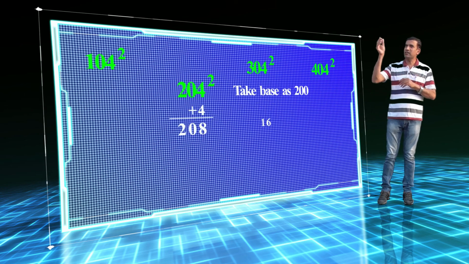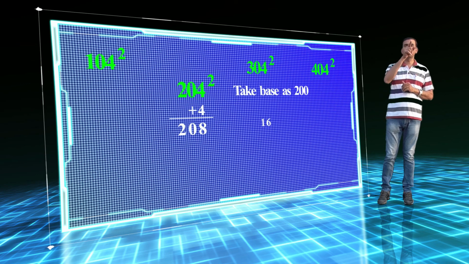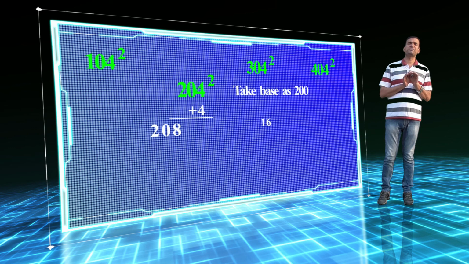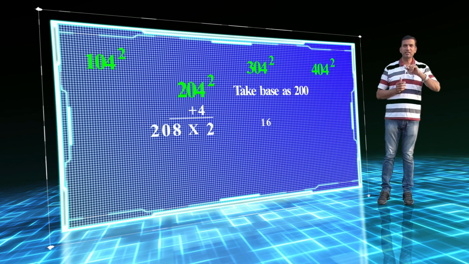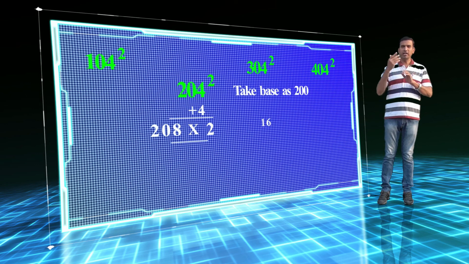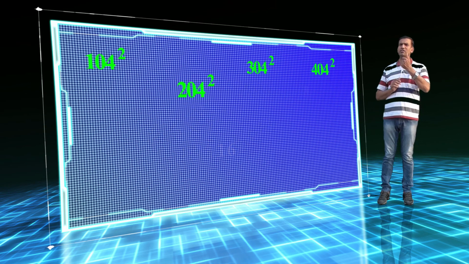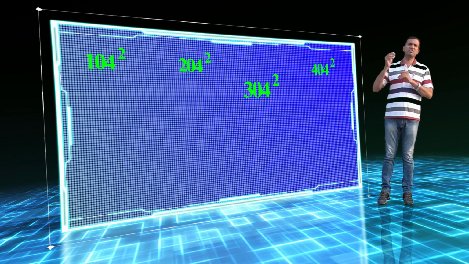But we cannot write 208 directly, because instead of 100 you are taking 200 as the base, so we should multiply by the multiple of that 10 to the power n. Here 200 means twice 100. So 208 times 2 equals 416. The final result is 41616.